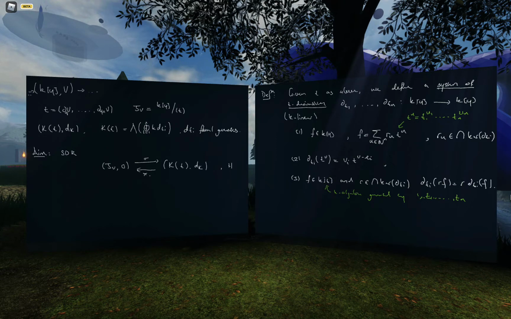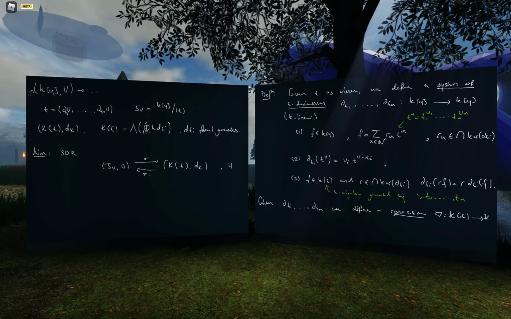Okay, and then given such a system, we define a connection, which is a map on the causal complex, which is given as follows.